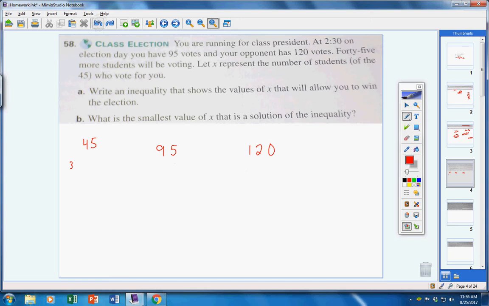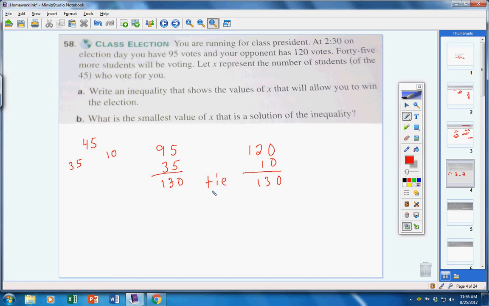So I'm going to say 35. Let's say you get 35 votes. So your opponent then gets how many votes? 10. So add 35 to you, add 10 to your opponent, and you get 130. 130. So that's going to be a tie.